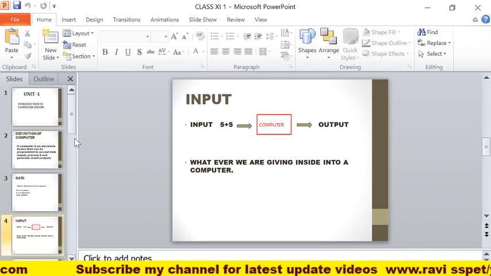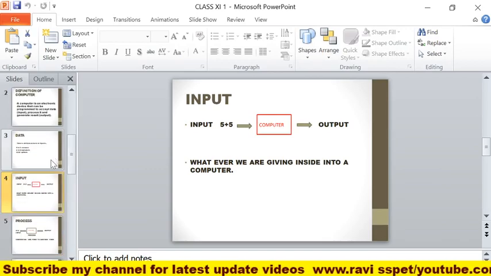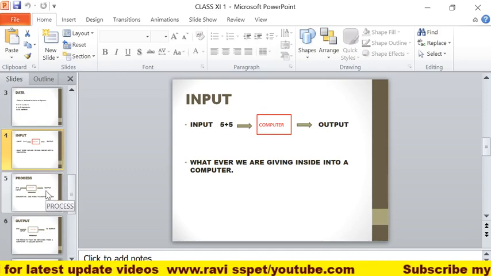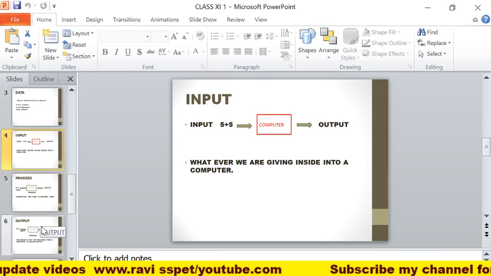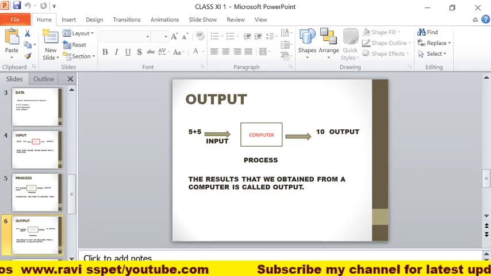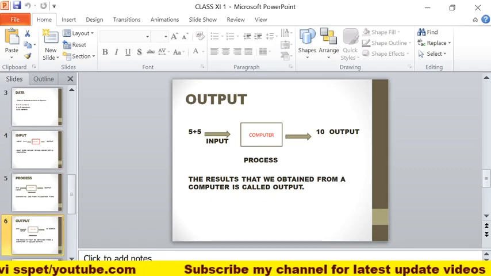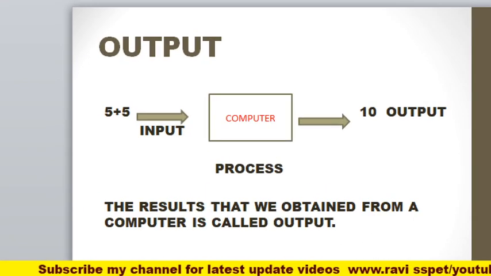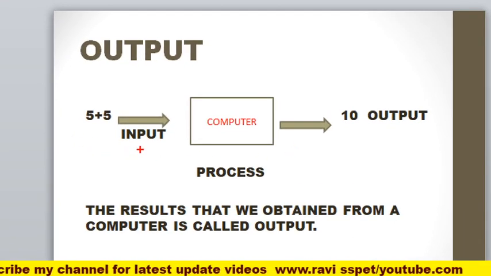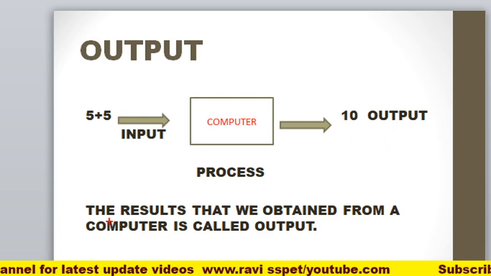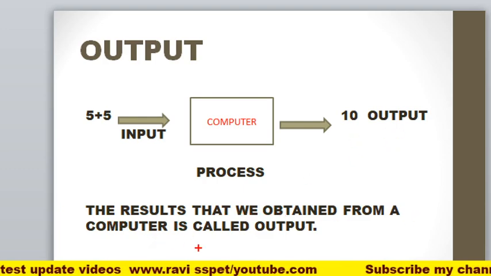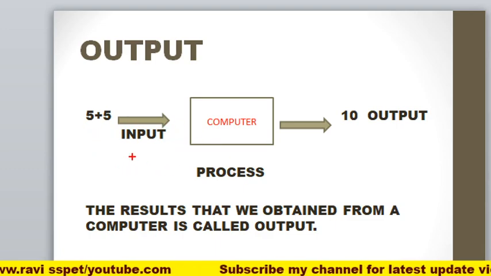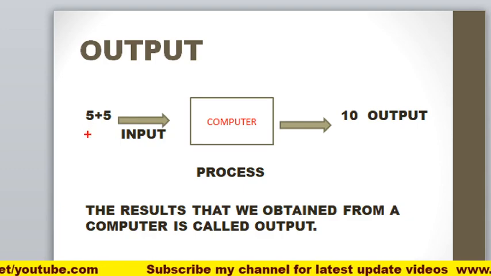What is the next one? First we will see output, after that we will go for process. Here you observe what is output. Input is whatever we are giving inside into a computer. Then what is output? The results that we obtain from a computer is called output. Here the input we have given is 5 plus 5 through a keyboard.